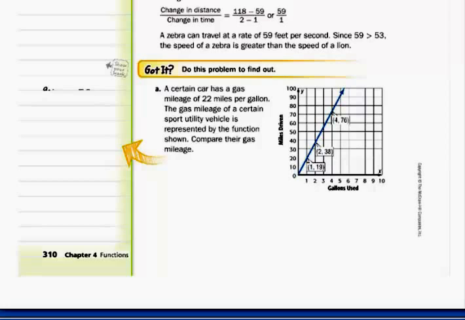All right, a certain car has a gas mileage of 22 miles per gallon. That is a rate right there. That's the car's rate. So the gas mileage of a certain SUV is shown here. So find the rate of the SUV. So a car has a rate of 22.